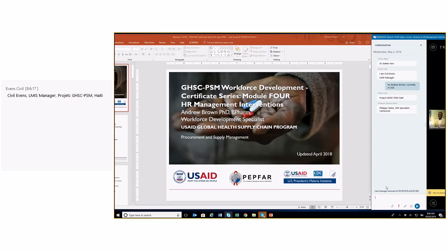Module 2 looked at policy and plan integration. Module 3, extended two weeks ago, looked at workforce development around competency development, including pre-service, in-service, and a range of education approaches.